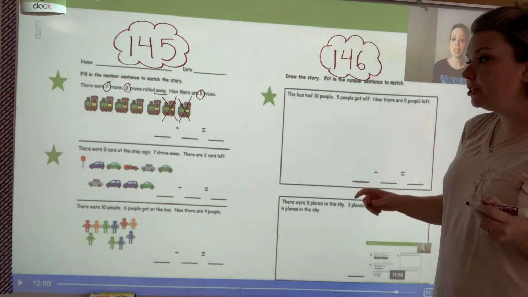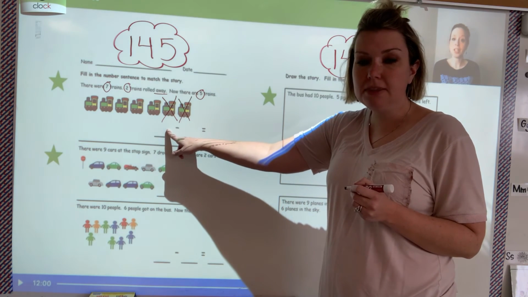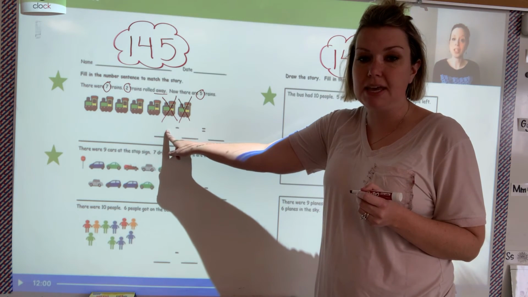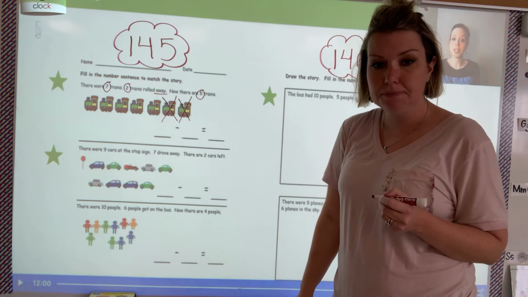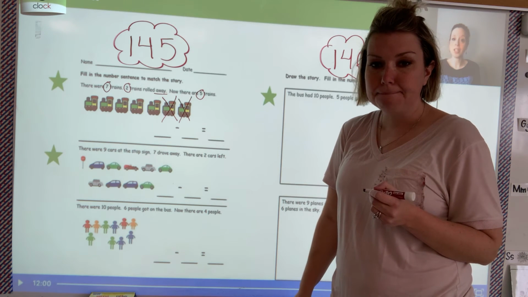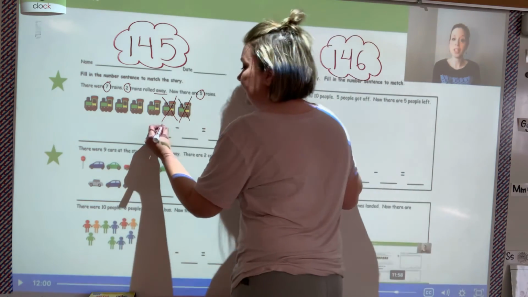What's my first blank going to say? Show me the number with your fingers. What am I going to put in the first blank? Show me. Russell's showing me. Yeah, I'm going to put 7.